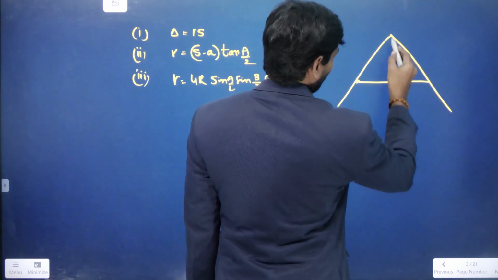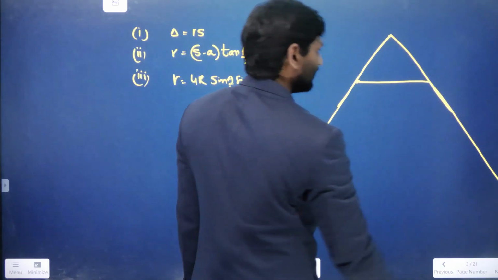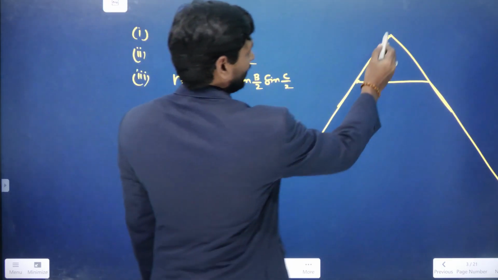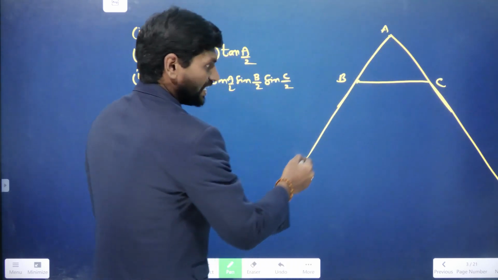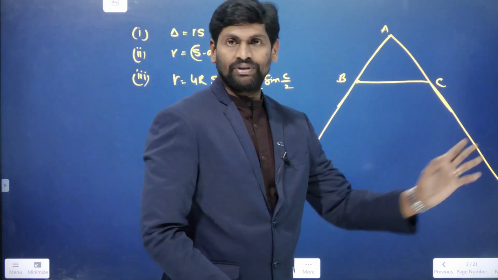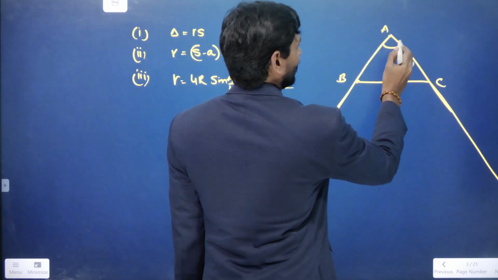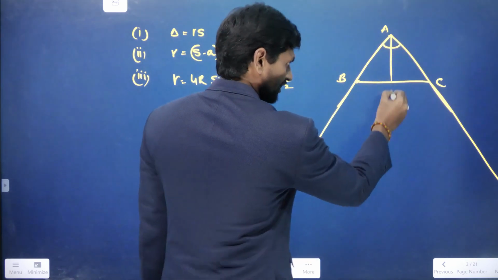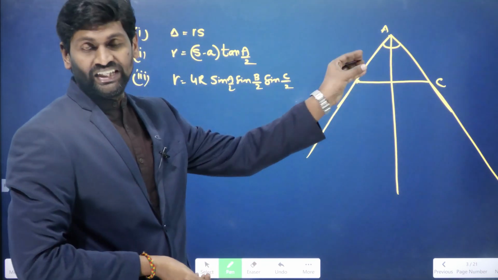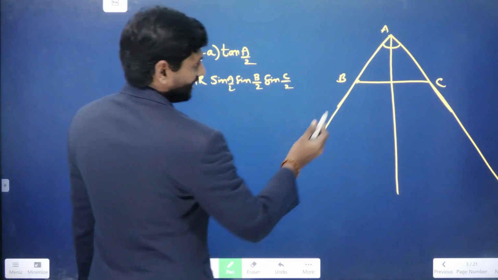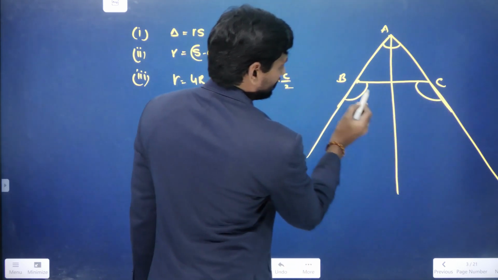The excircle is formed by taking angle bisectors. For example, I am extending side AB, and this side also I am extending. This is the interior part, meaning the interior angle I have taken. And this is the exterior part.